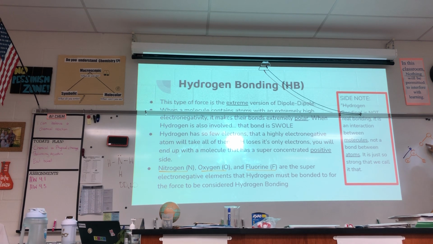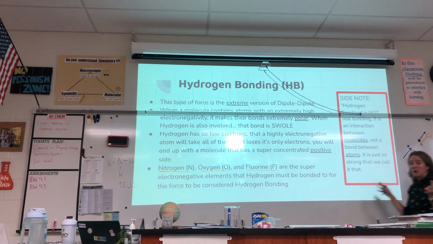In this one, the same thing is happening, but this now becomes like super positive because the hydrogen has lost all its electrons. And so that's the hydrogen bond. Positive holds on to negative. And it's extreme because it's much stronger than just a normal polar bond. Questions on what it is?